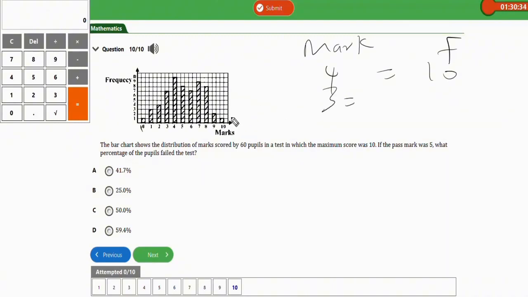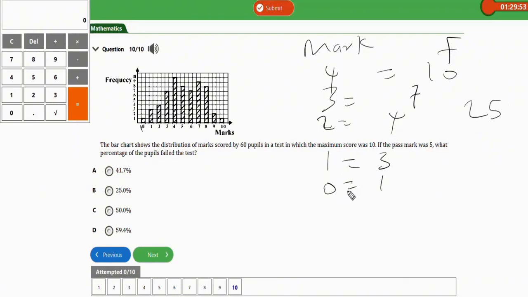Mark 3 is 7. Then let's check mark 2. People that scored 2 are 4. Alright, let's check mark 1. Mark 1 is 3. Then mark 0 is 1. Let's calculate the total. 10 plus 7, that's 17. 17 plus 4, 21. 21 plus 3, that's 24. 24 plus 1, we have 25.